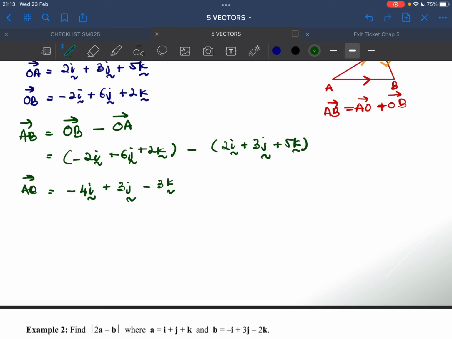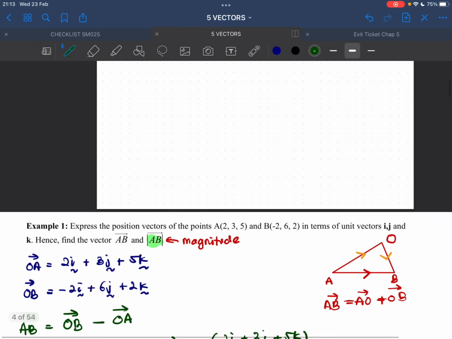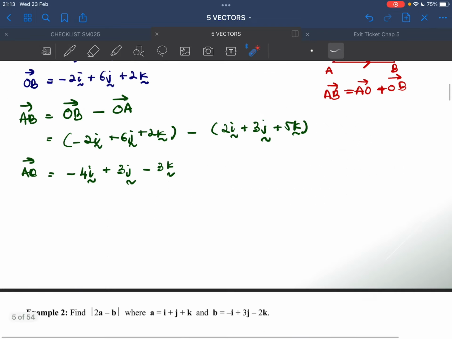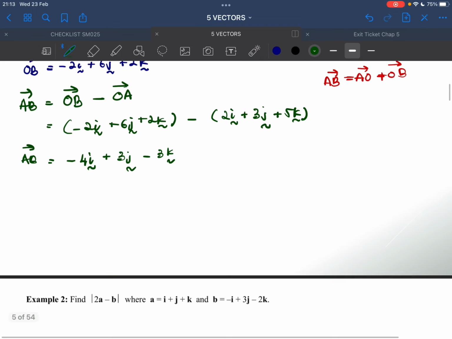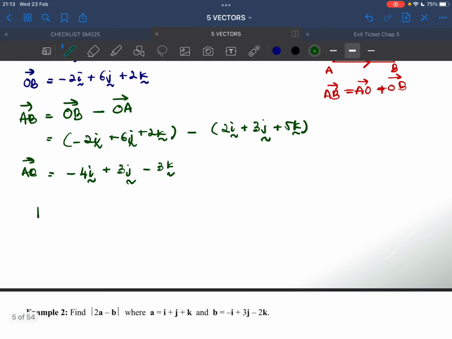Okay, so the question also asks us to find the magnitude. The formula to find the magnitude of AB is the square root of A square, B square, C square. So we have negative 4 square plus 3 square plus negative 3 square.